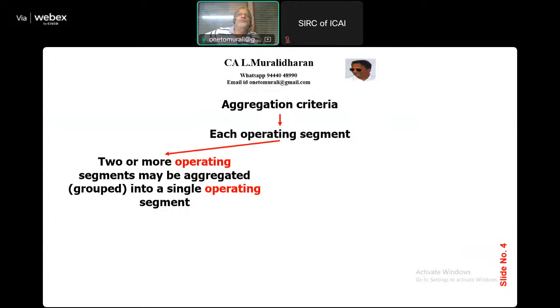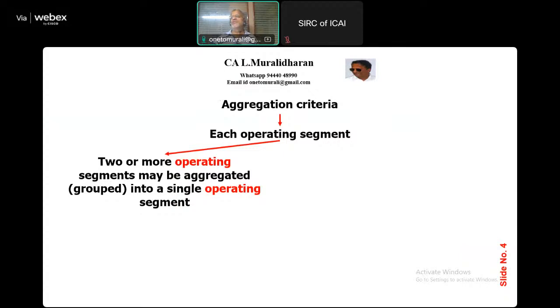See, always remember, for specialization purposes, entities may separately provide such as manufacturing and service. Imagine that a company is engaged in washing machine manufacturing and television manufacturing. So you would be finding manufacturing as a separate segment.